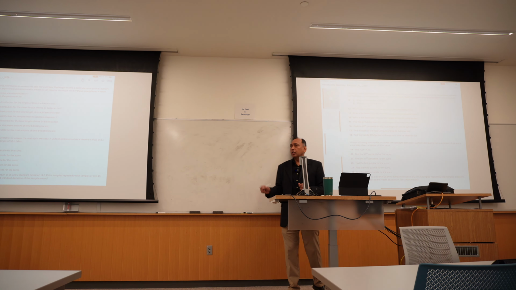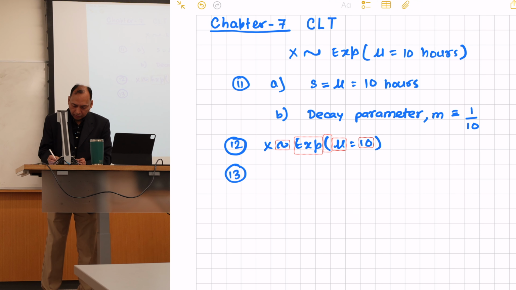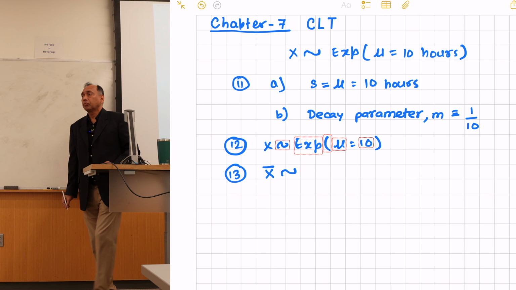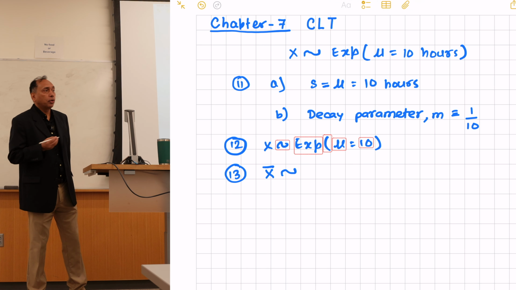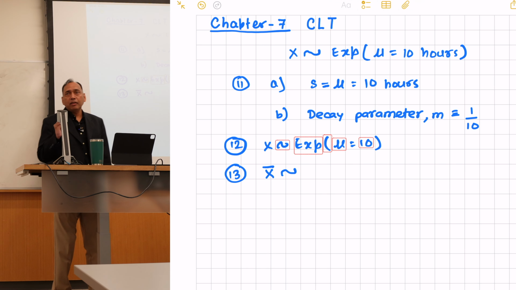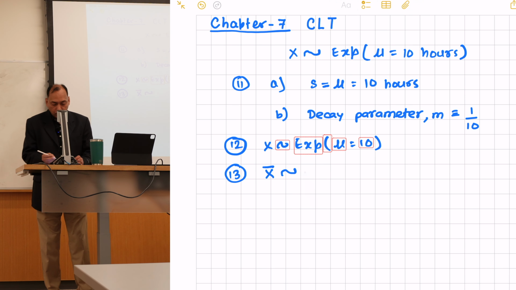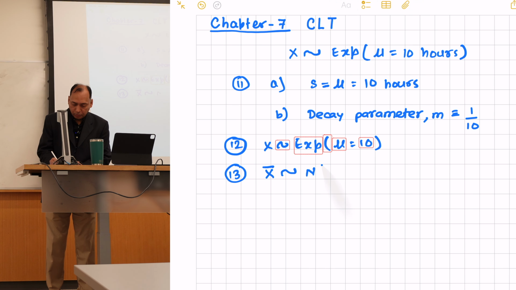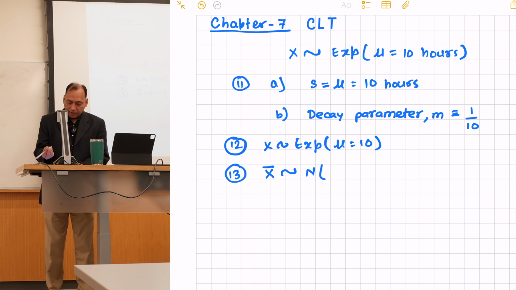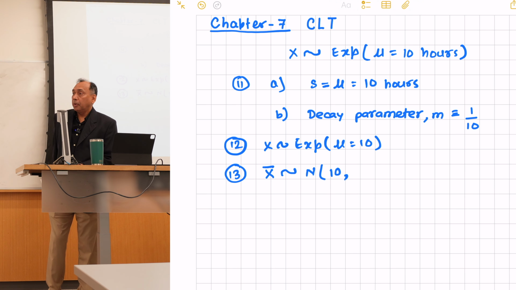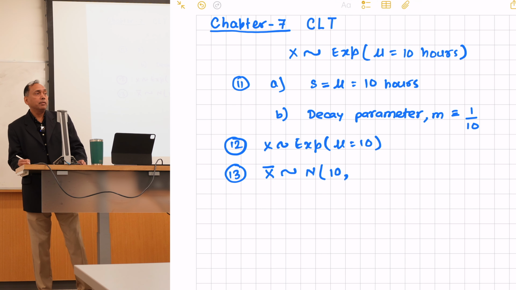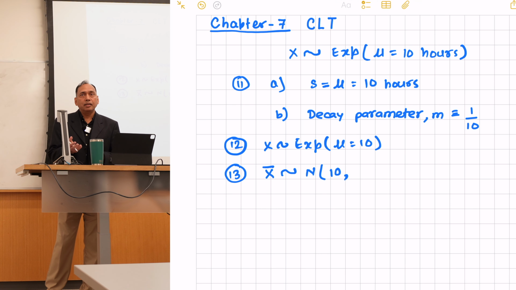So distribution of x bars. Instead of x, I would say x bar. And x bar, which is average of 64 sample size, because of central limit theorem, will follow normal distribution with the same mean as exponential. So mean doesn't change, but standard deviation, instead of that we use standard error term, sigma divided by square root of n.